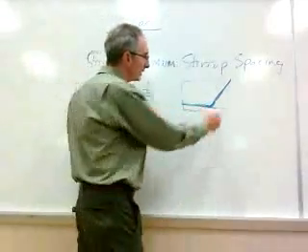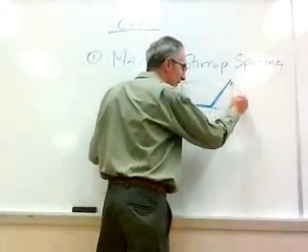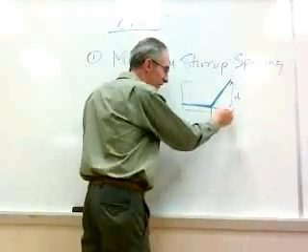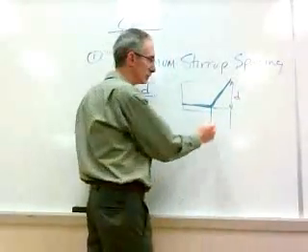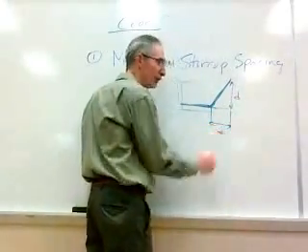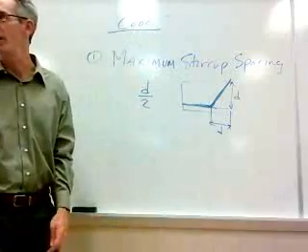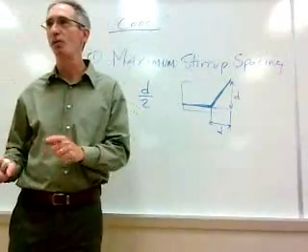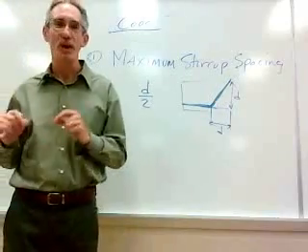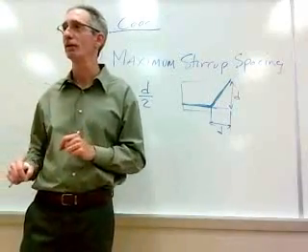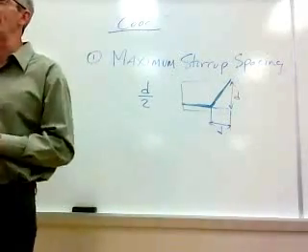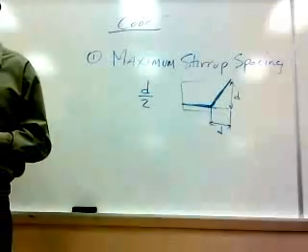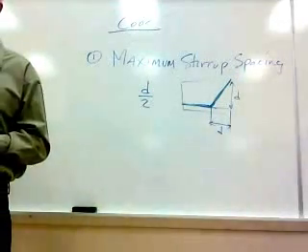If this distance here is d, what's this distance here? That distance is d too. It's a 45-degree line, right? If I say space my stirrups no more than half d, no matter where that crack would occur, what have I always guaranteed myself? At least one stirrup in that crack.